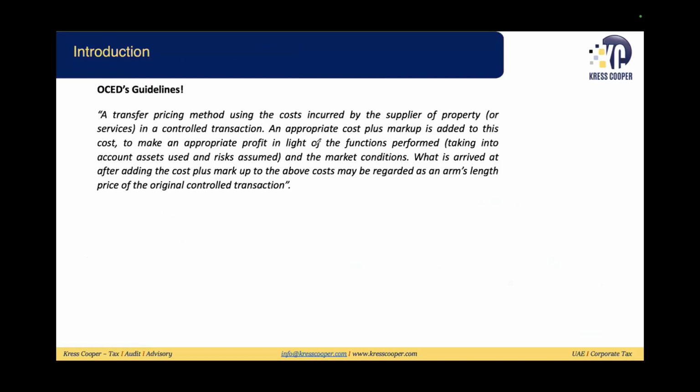OECD guidelines describe a transfer pricing method using the cost incurred by the supplier of property or services in a controlled transaction, and an appropriate cost plus markup is added. Plus markup, these lines are very important. Markup is added to this cost to make an appropriate profit in the light of functions performed.